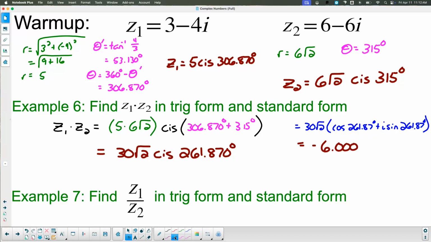We're rounding to 3 because it's negative 5.99992497. So that would round to negative 6.00. And then 30 square roots of 2 sine of 261.87 should be negative 42.